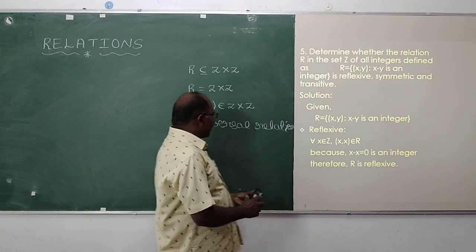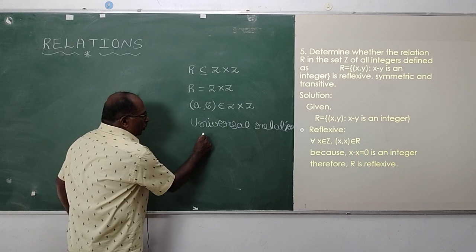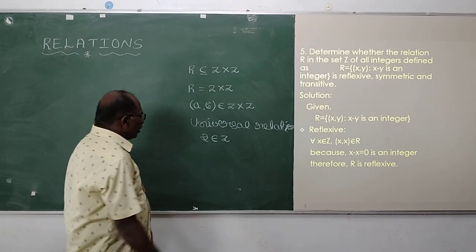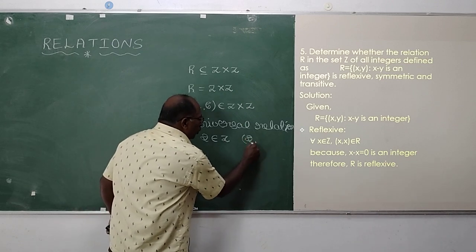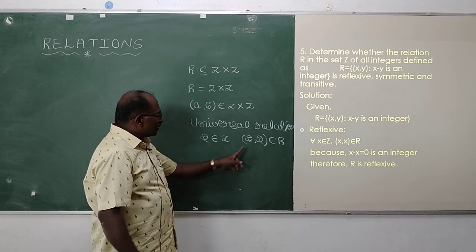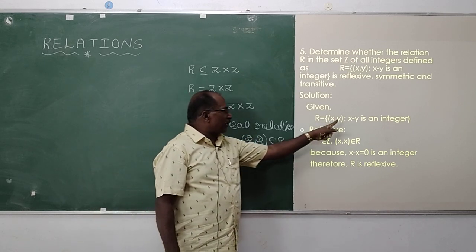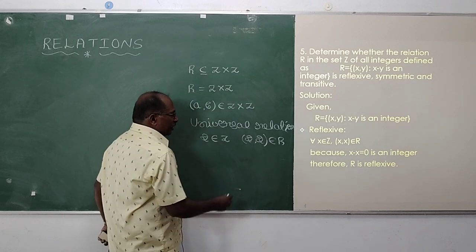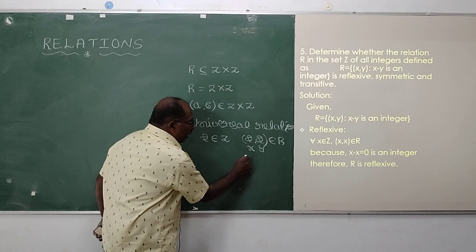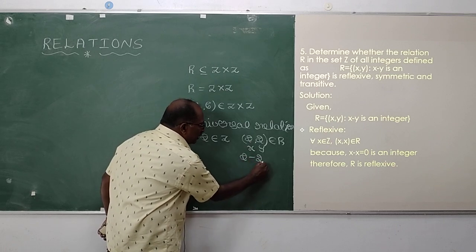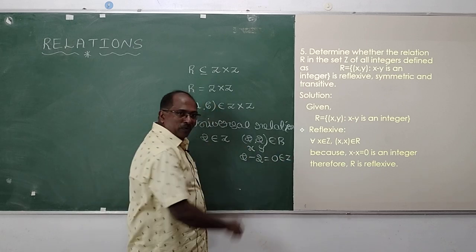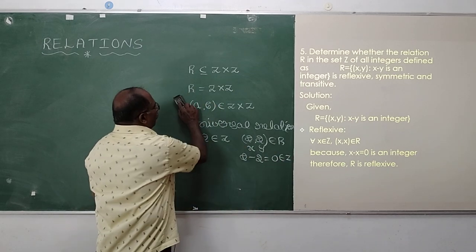I will give an example. Students, you know 2 belongs to the set Z. 2 comma 2 belongs to R. This is because this ordered pair satisfies the relation x minus y is an integer. Here x is 2, y is 2. x minus y means 2 minus 2 which is equal to 0, which is an integer. I will give one more example.